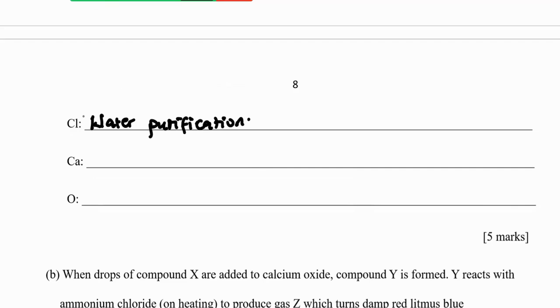And the next is calcium. Calcium can be used in the manufacture of cement, and oxygen is useful in respiration.